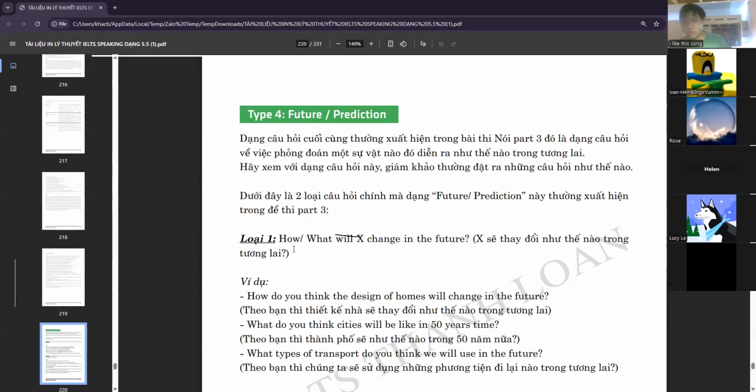So maybe the current state of the world, will it change in 50 years? Will infrastructure change in 20 years? Will the way we eat change in 20 years? So basically, pretty general questions, and you need to answer based on your opinion.